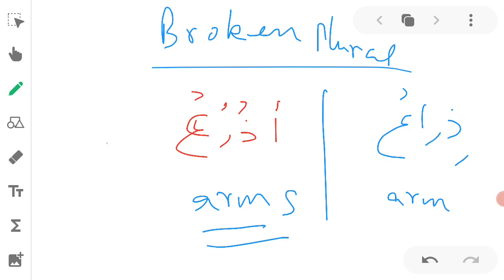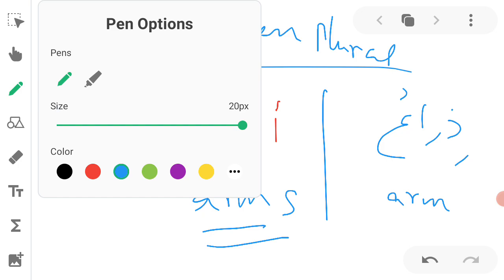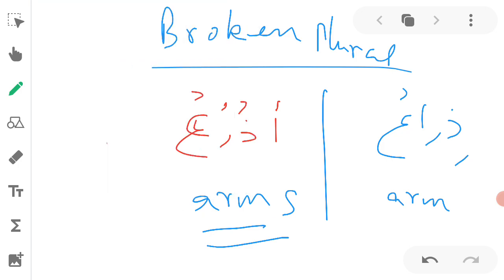But on the other hand it's a broken plural because the construction of the singular is broken in the plural. So you have dhara, alif and ain. Right? So you have dhara ain here, but alif has come here. So it has broken. And yeah, so that was the second example.